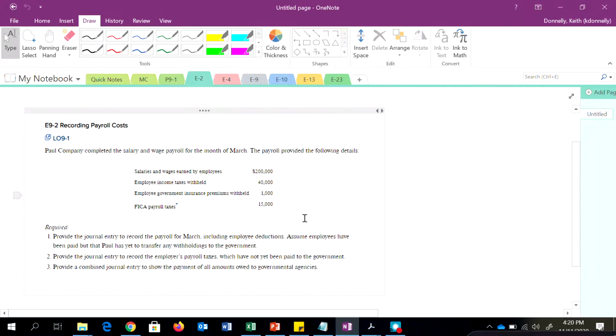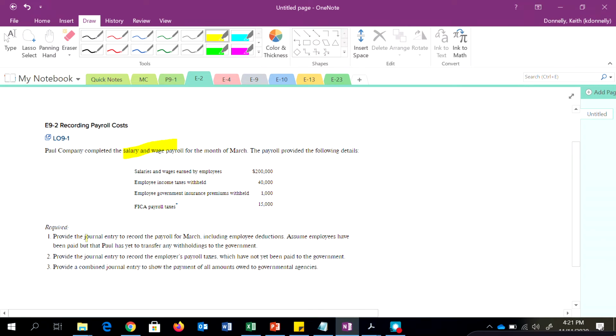Let's look here at exercise 9.2. So it looks like they're giving us some information about payroll.